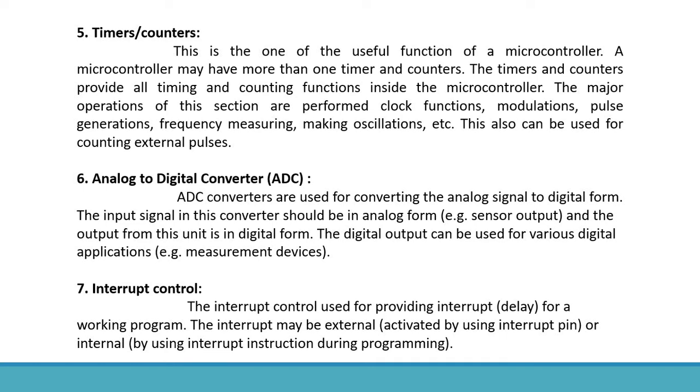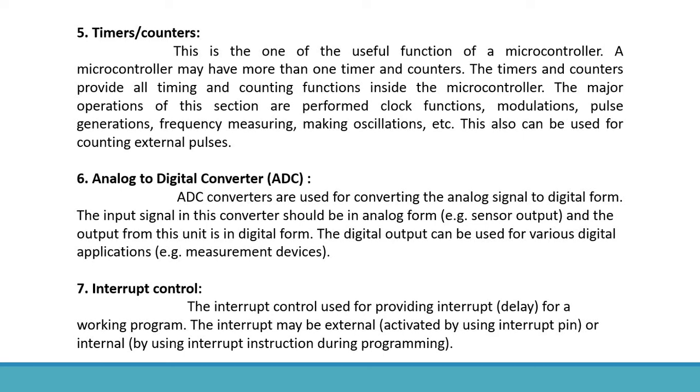Next block is ADC. ADC is referred to analog to digital converter. ADC converters are used for converting analog signal to digital form. The input signal in this converter should be in analog form. Example, sensor output. And the output of this unit should be in digital form.